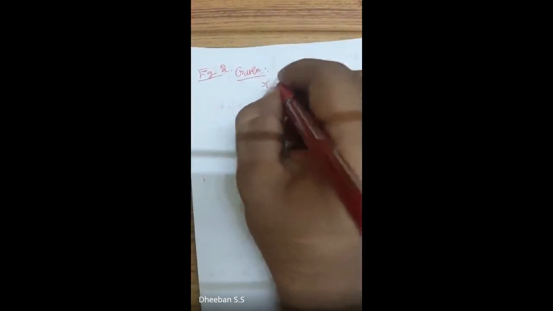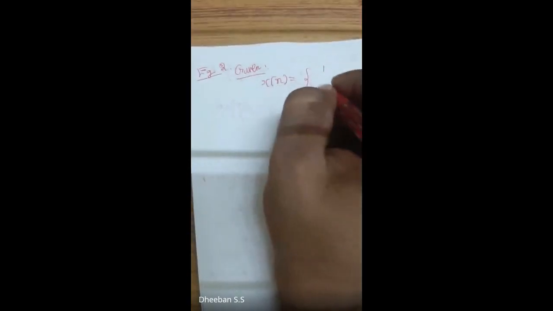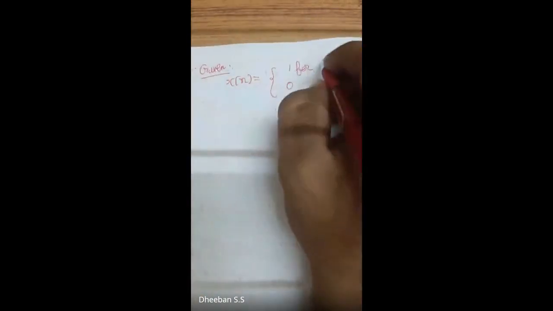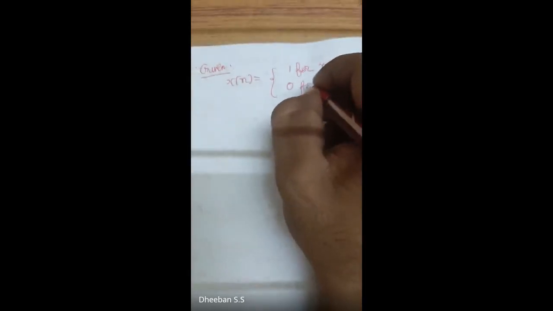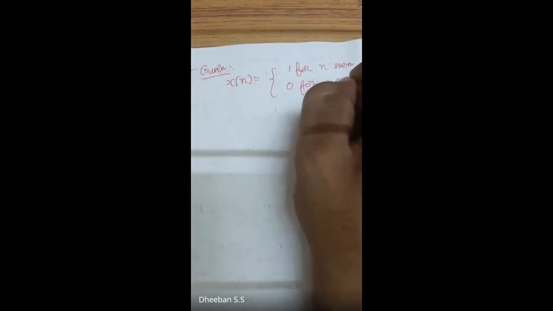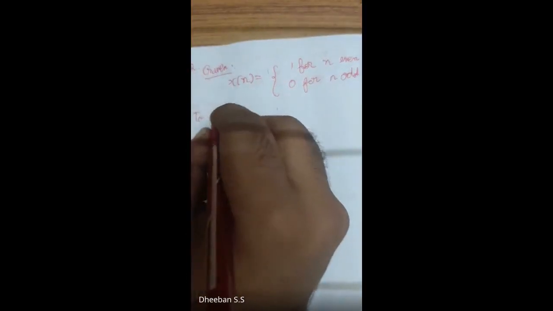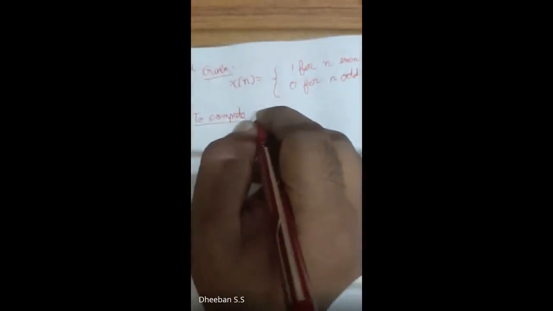X of n is given as a constant 1, 0. Similar to the last one, you can see this for n is even, for n is odd. To compute the DFT.